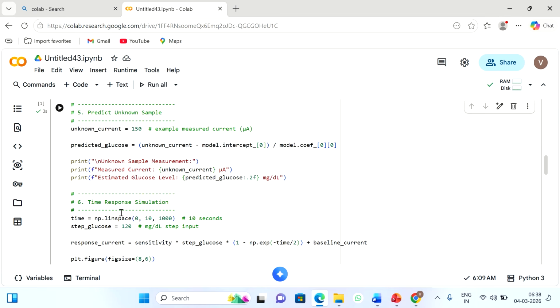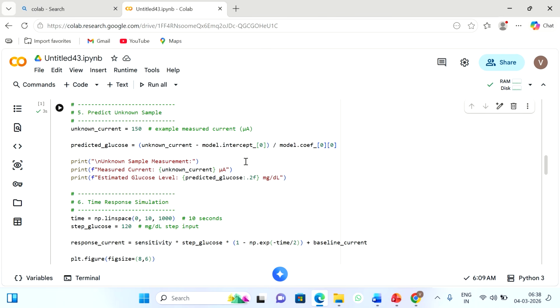And then the second one, the inverse model: C is equal to (I minus I naught) divided by S. And then the dynamic model gives the current as a function of time, which is equal to S C times (1 minus e power minus t divided by tau). Tau is the time constant, and it is added with the baseline current I naught.